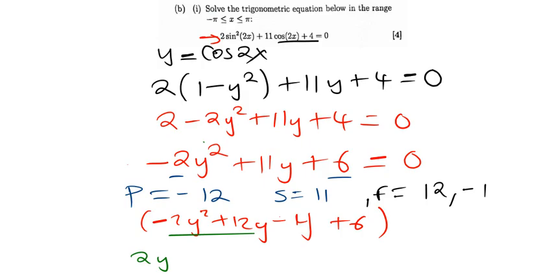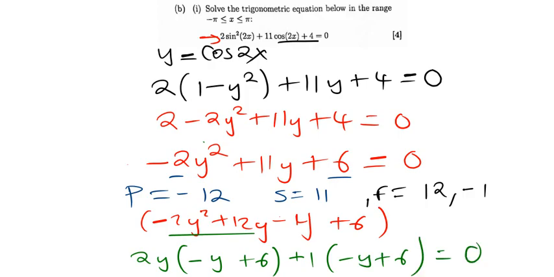Since we prefer starting with a positive, anything is fine, 2y, we're going to remain with negative y. The other part is going to be 6. If we put a negative 1 there, we just have to maintain it so that it matches up, so we use the 1 so that we remain with negative y plus 6 as it is. This is equal to 0.